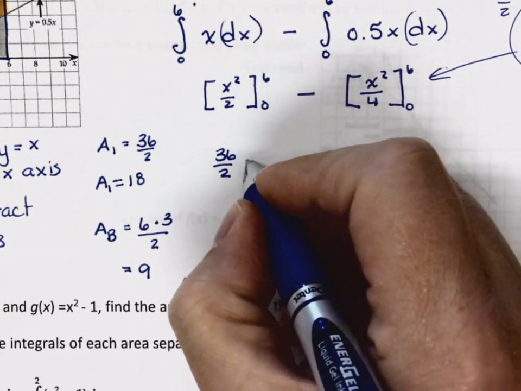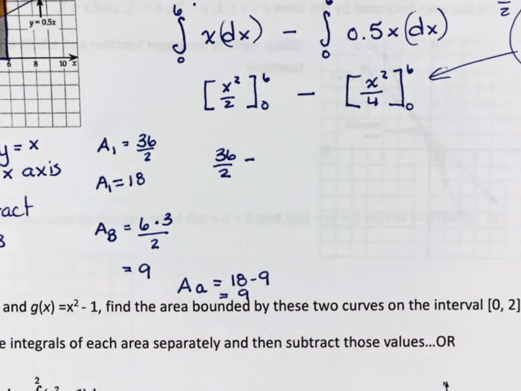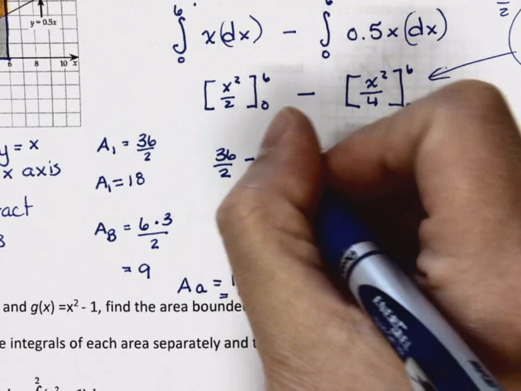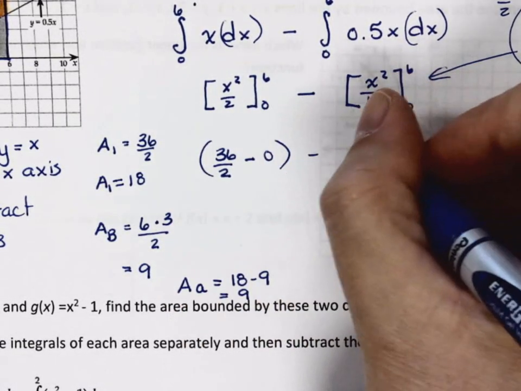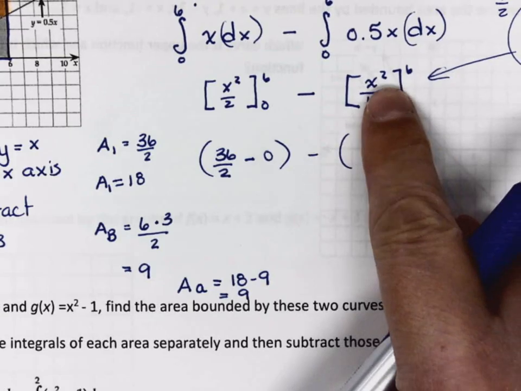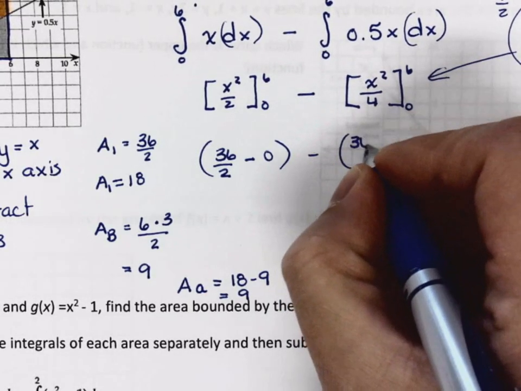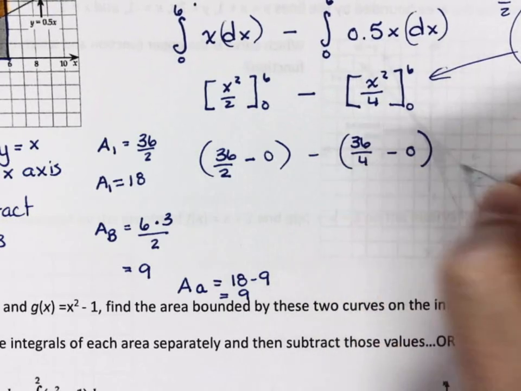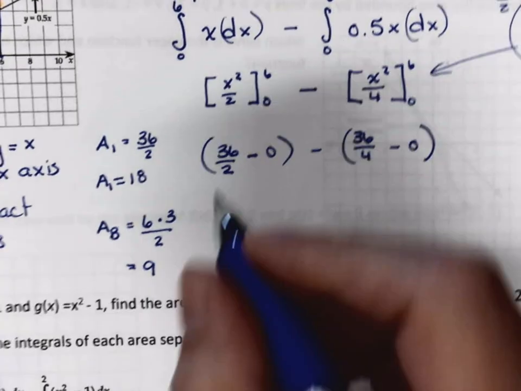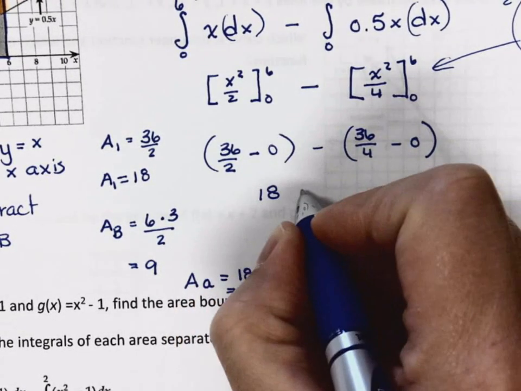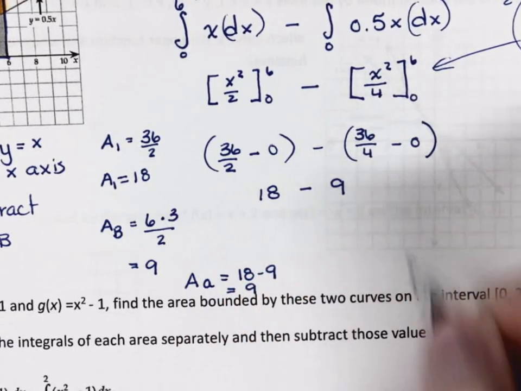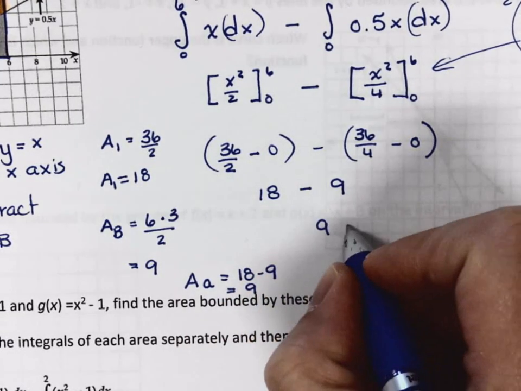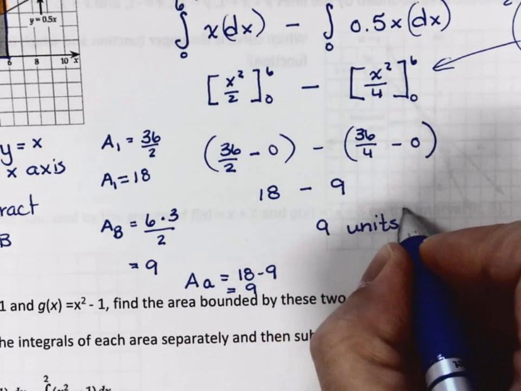We subtract the lower limit, which is going to be 0. And then this one's going to be 36 divided by 4, and the lower limit's going to be 0. So we've got 18 minus 9, which gives us 9 units squared.